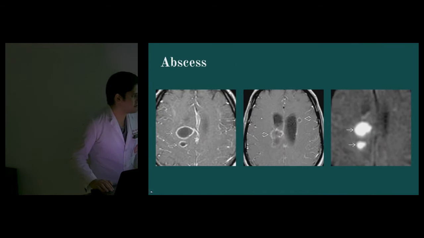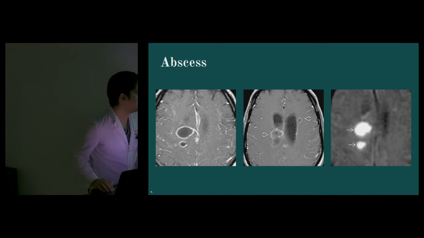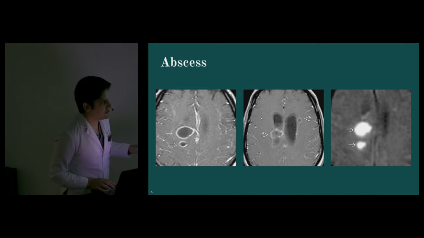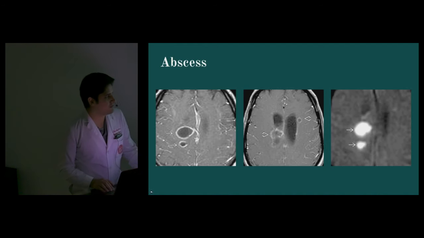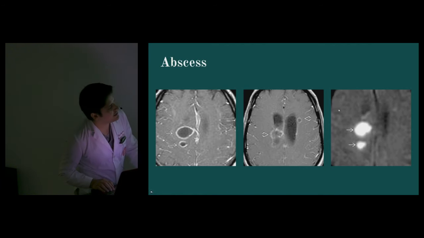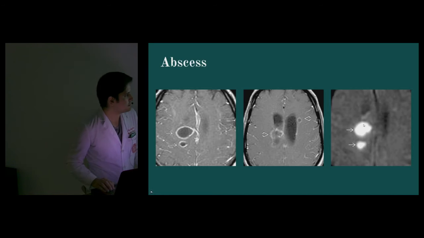The abscess is another important diagnosis, and in these lesions you could see a tiny peripheral rim enhancement. On the T2 weighted image, you could see hyperintense lesions in the center that also have restricted diffusion.